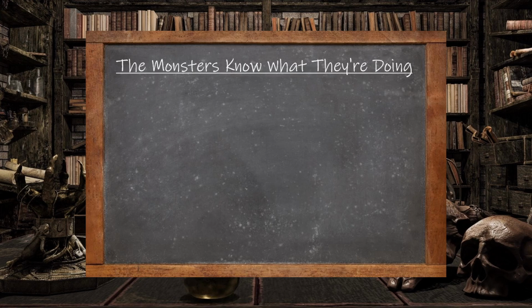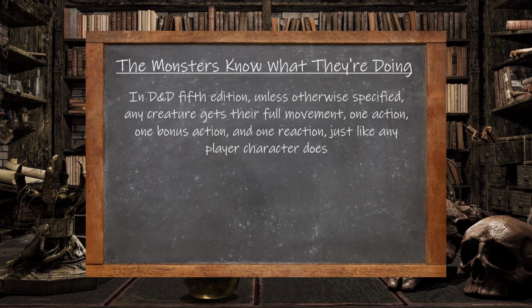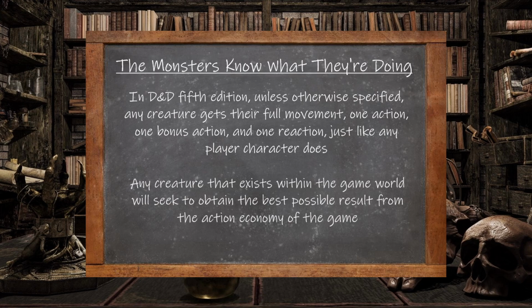The last major premise from Amon is that in D&D 5th edition, unless otherwise specified, any creature gets their full movement, one action, one bonus action, and one reaction, just like any player character does. Amon posits that any creature that exists within the game world will have evolved in accordance with this rule, and it will seek to obtain the best possible result from the action economy of the game.